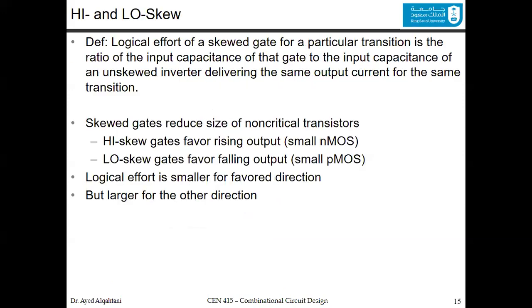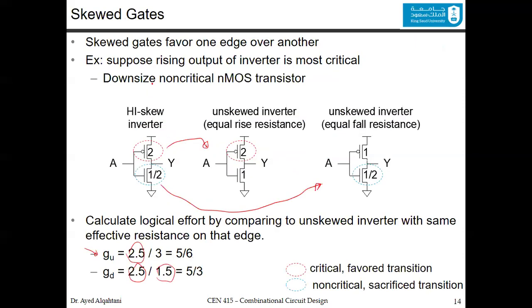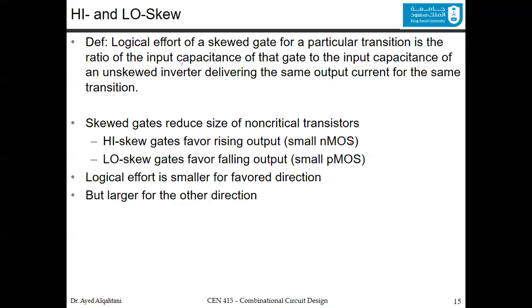To define it better, we would say that the logical effort of a skewed gate for a particular transition is the ratio of the input capacitance of that gate to the input capacitance of an unskewed inverter delivering the same output current for the same transition. So for that example, for the up, we get this one. For the down, we get this one.